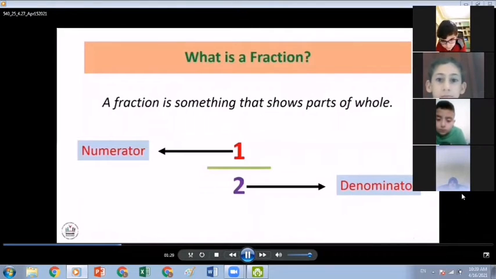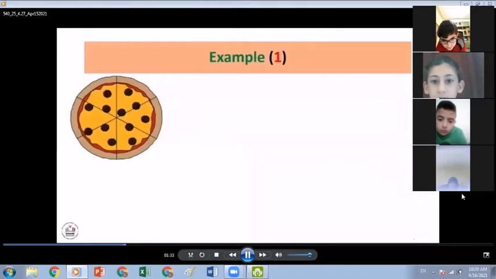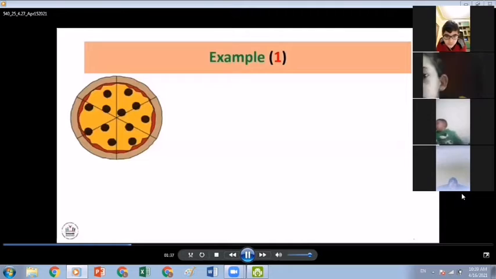Example 1. This is a pizza that is made by your mother at home and divided into 6 equal parts.